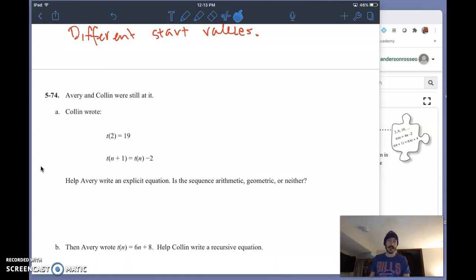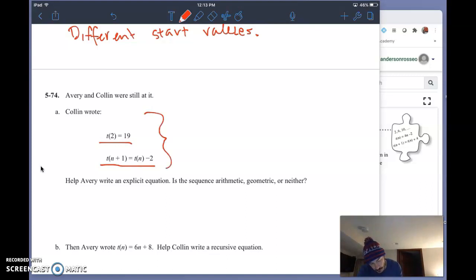Avery and Colin are still at it. Colin writes the following. He says the second term of a sequence is 19, and he says, using a recursive rule, that the next term is equal to the term that comes before it minus 2. And Avery wants to write an explicit equation from this information. Okay, so here we go. I'm going to do a little bit of work here that kind of diagrams what this is thinking.